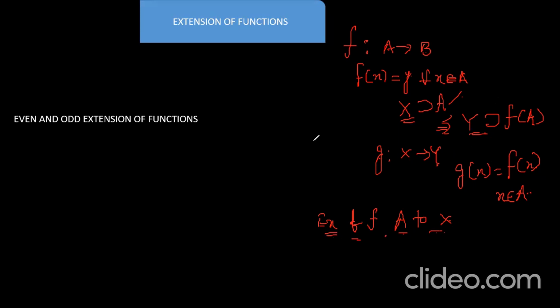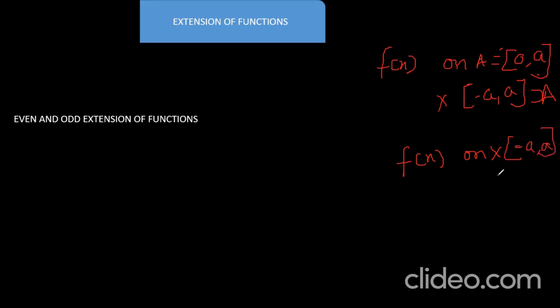In the same manner, we can observe the even and odd extensions of functions. Suppose f of x is a function on A. Let me take A as the closed interval 0 comma a.